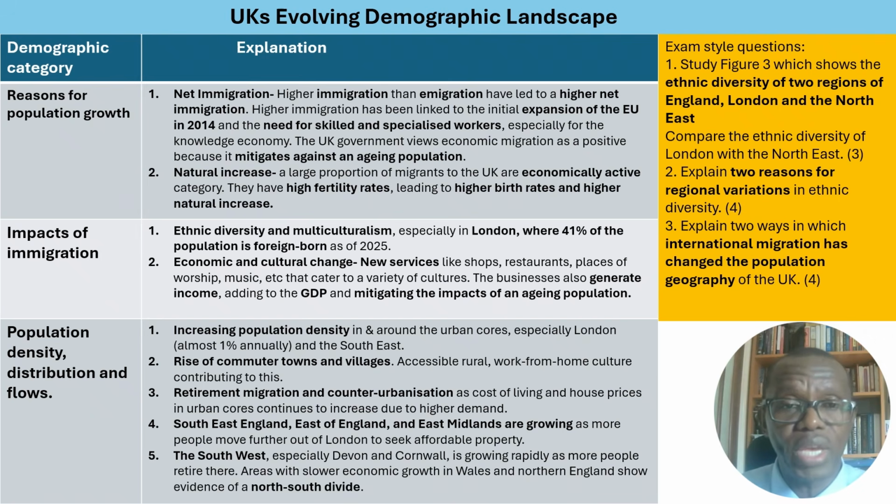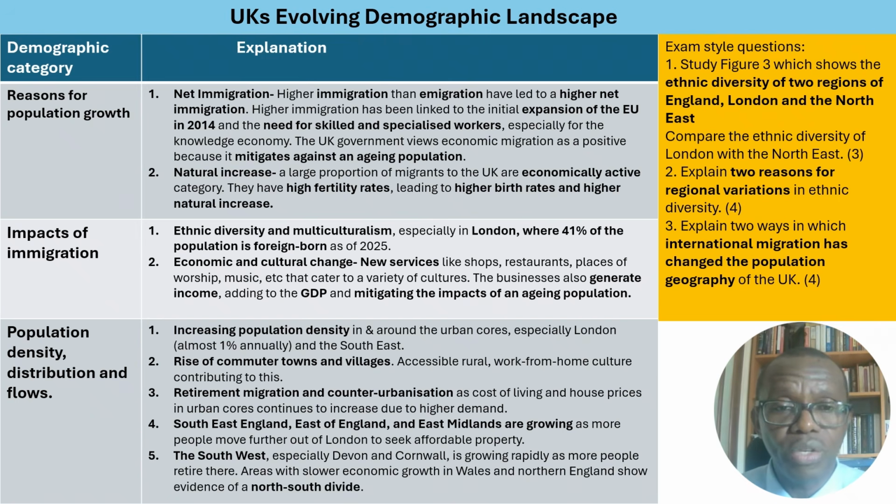Higher immigration has been linked to the initial expansion of the European Union in 2014. At that time, when the EU expanded the number of countries that were in the Union, people from those countries moved to work and live here in the UK.